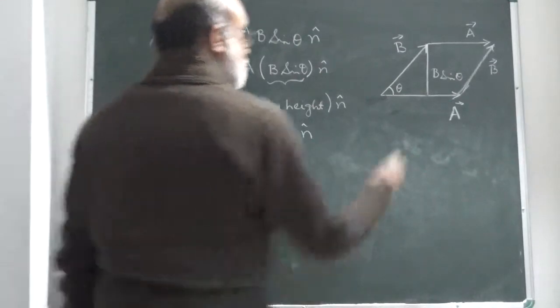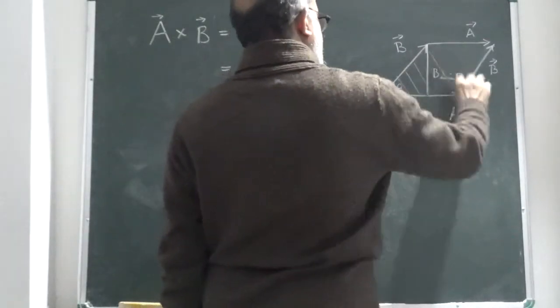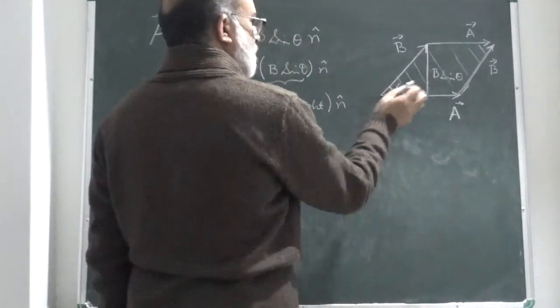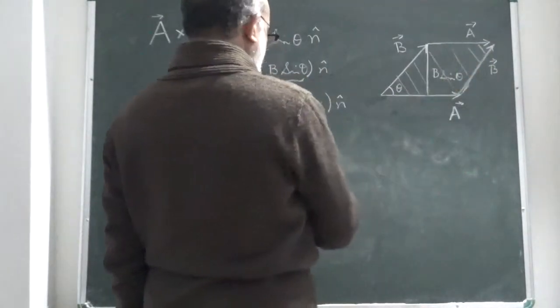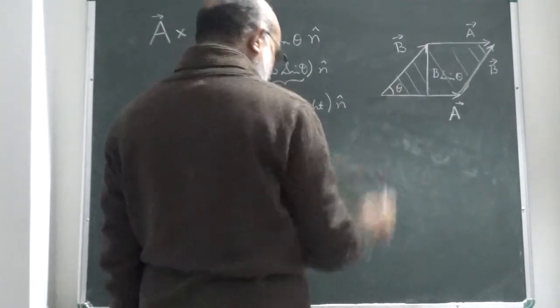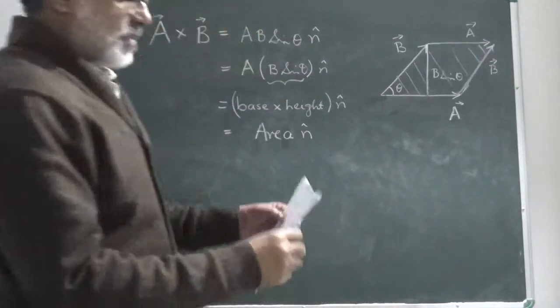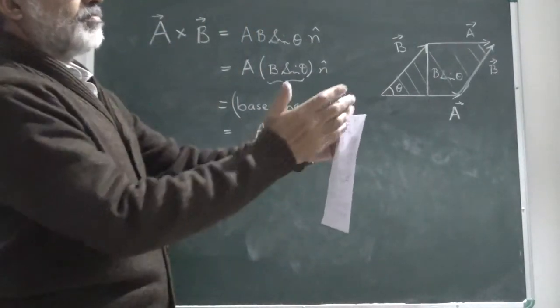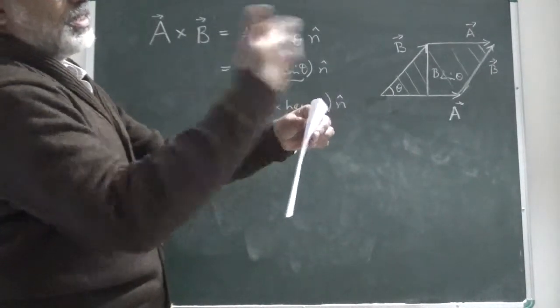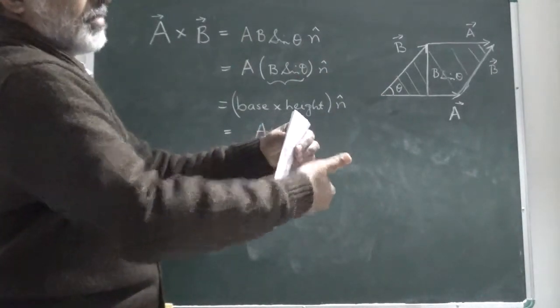So the area of this parallelogram is of these values, having the direction of the area. If you check, the area of this plane will be towards the observer, and the area of that plane will be towards that.